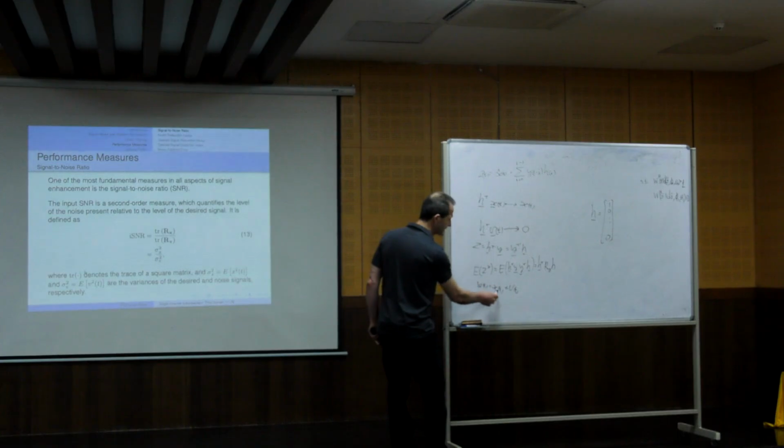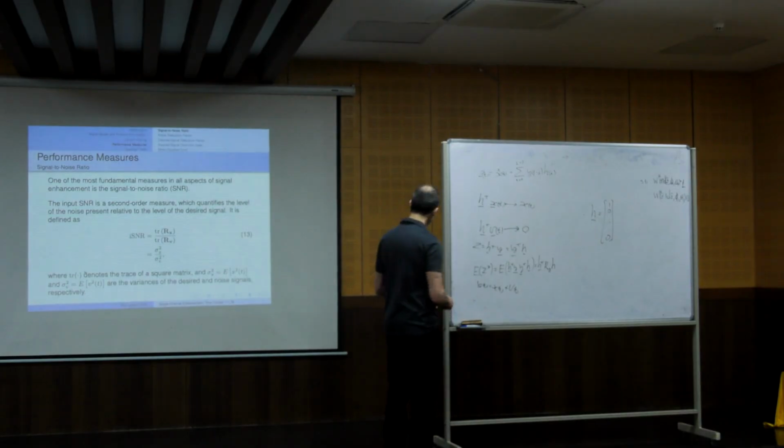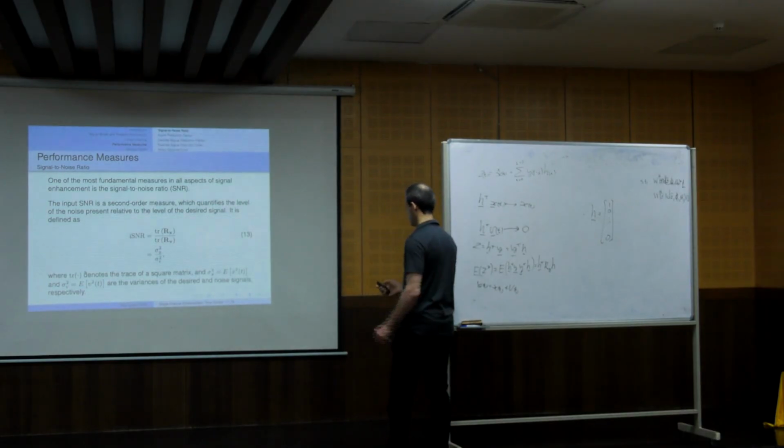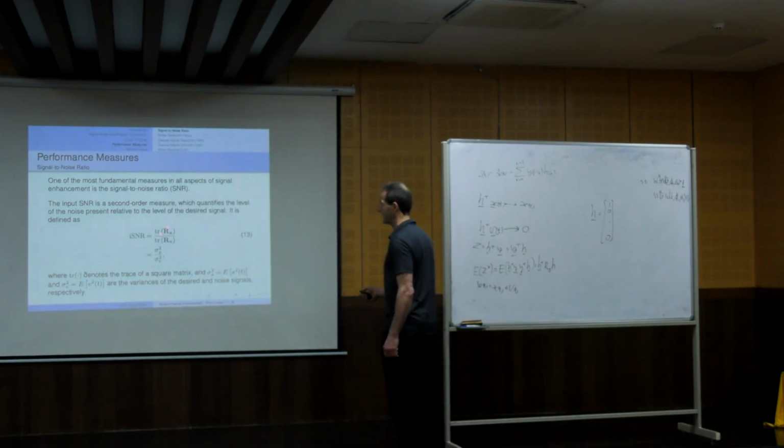So the input SNR is the ratio between the variance of x and the variance of v. This is the input SNR. And of course, we can write it as trace of Rx divided by trace of Rv. It's the same. Okay?